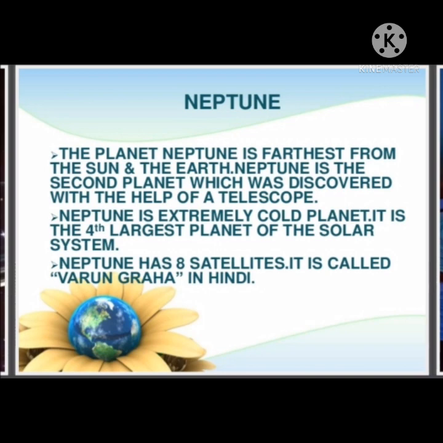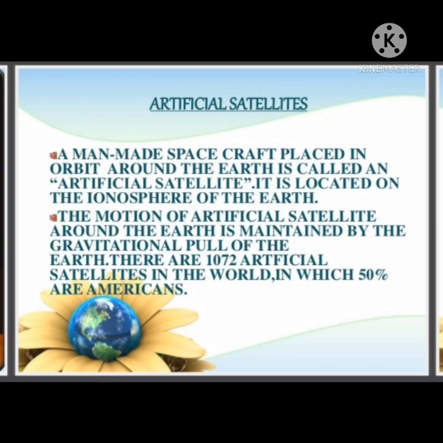Neptune has 8 satellites. Okay, that's all. Pluto is called a dwarf planet because it has moved away from the orbit. That's why we say Pluto is a dwarf planet.